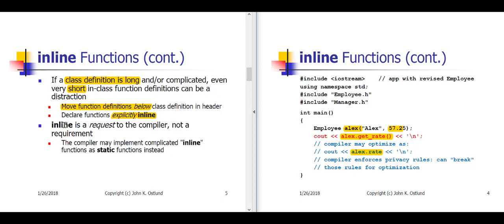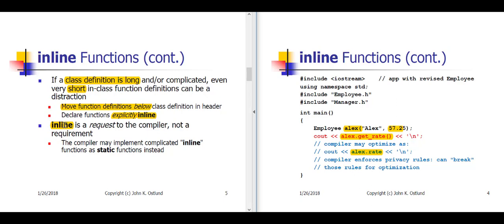Now, it's important to understand that inline is simply a request to the compiler. Inline will not force the compiler to do a full inline replacement of a function call with the body of code of the function.